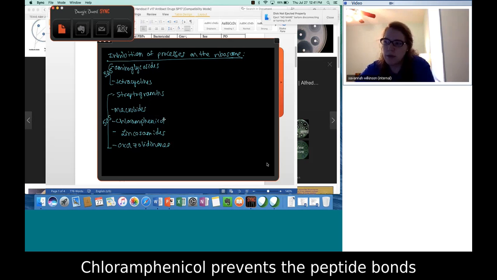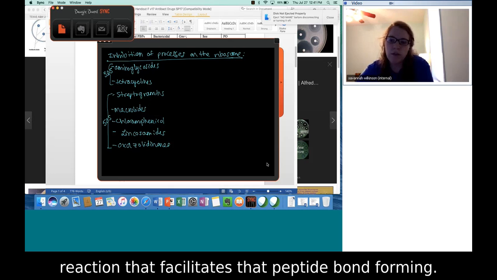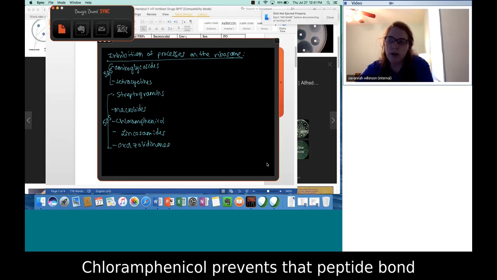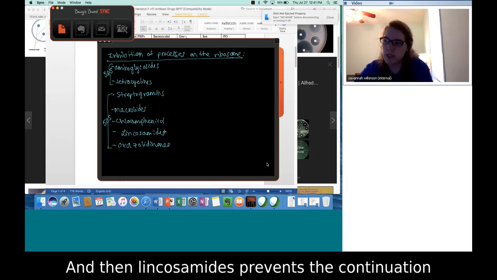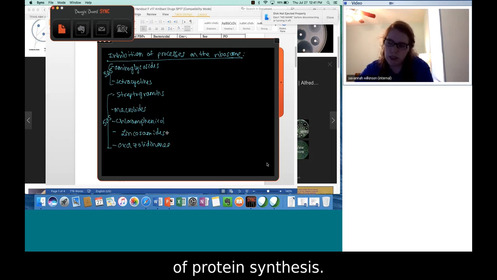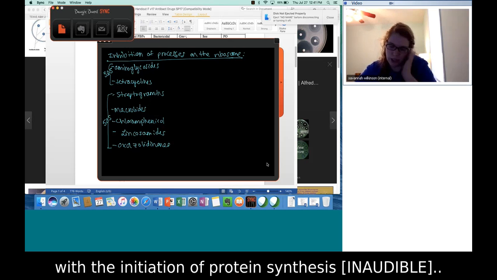Chloramphenicol prevents the peptide bond from forming, by blocking the peptidyl transferase reaction. Lincosamides prevent the continuation of protein synthesis, and oxazolidinones are thought to interfere with the initiation of protein synthesis.